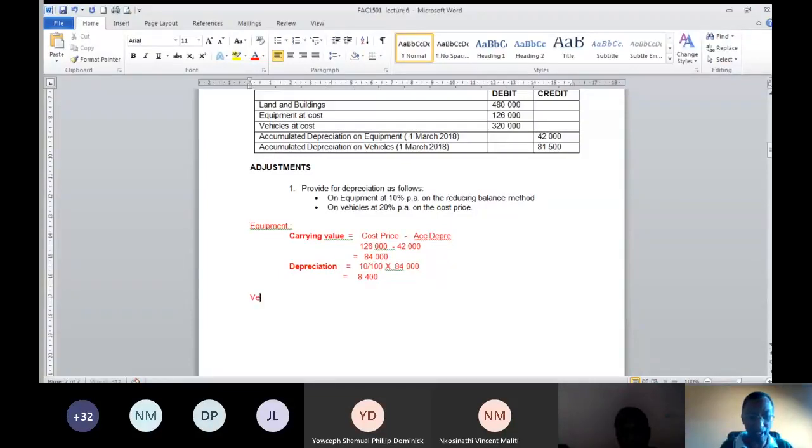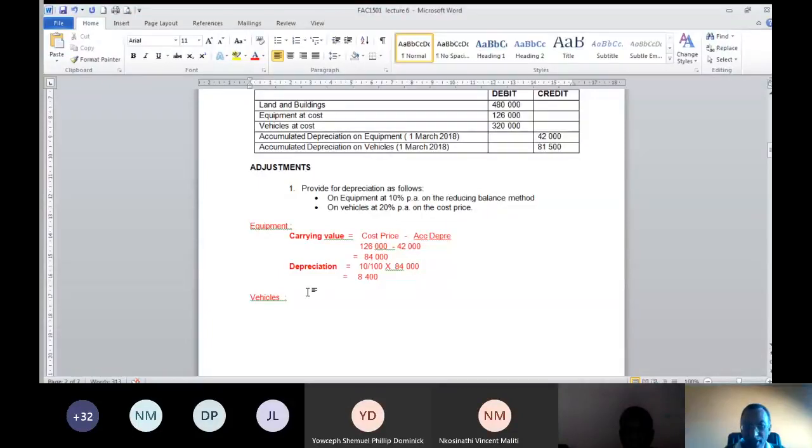I'm going to calculate now the depreciation on vehicles. The depreciation on vehicles, according to our adjustment, must be calculated at 20% per annum, but on the cost price. This is the cost price method, or straight line method. They are also calling this sometimes in your question papers.